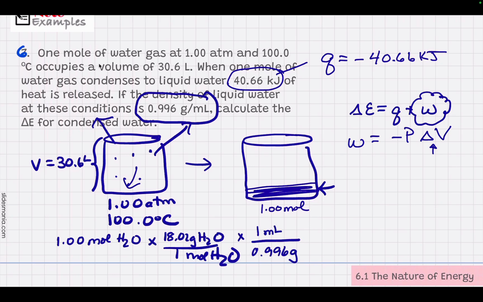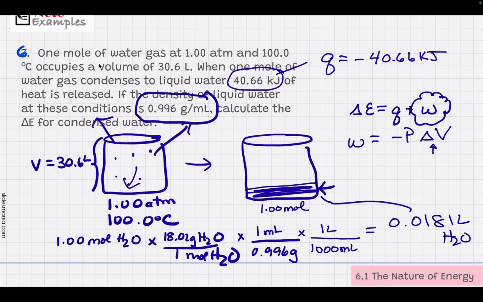So you can write density as a conversion factor. And then I'm going to want to have my volume in liters because I'm going to be comparing it to the original volume, which was 30.6 liters. So you can just do this in your head or you can show it. When I do this, I get 0.0181 liters of liquid water. That's how much I have here.